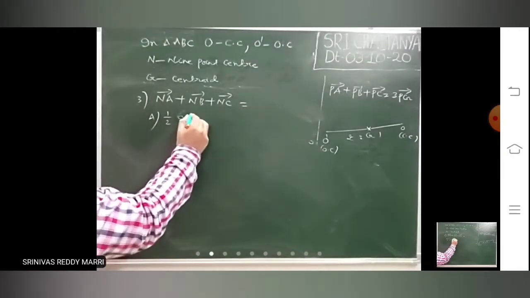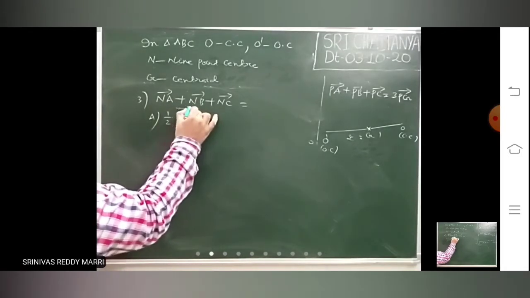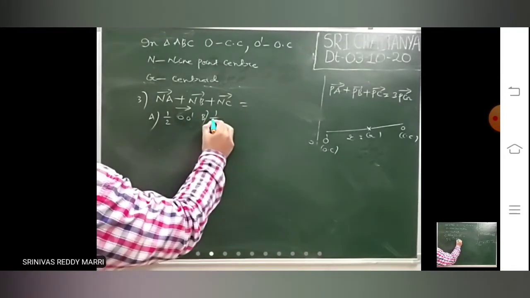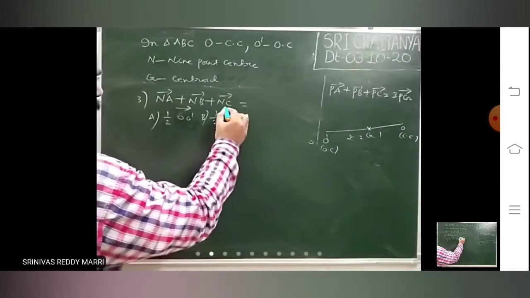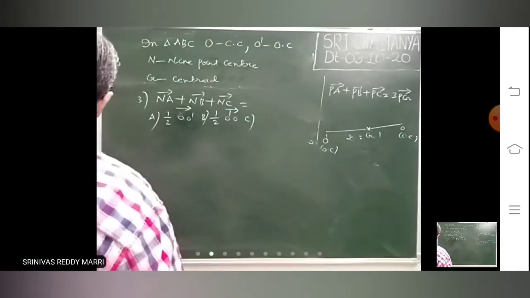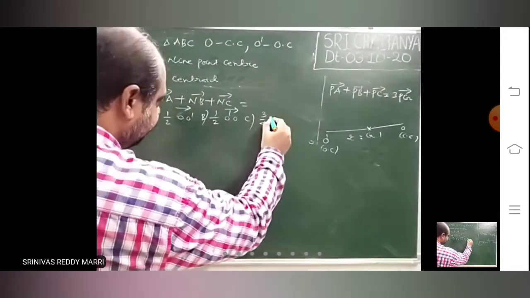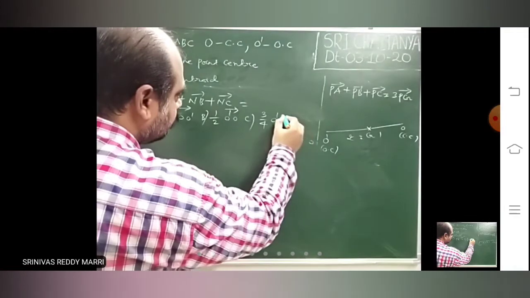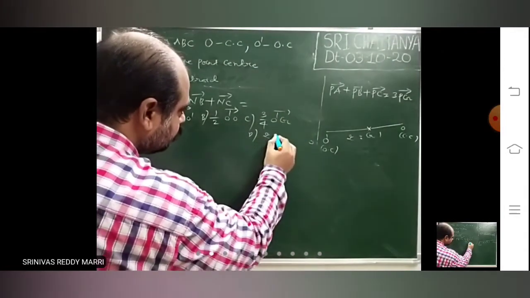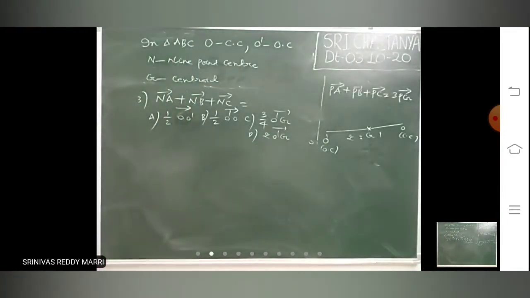So 1/2 O'O bar, next is 3/4 O'G bar. Now look at here.